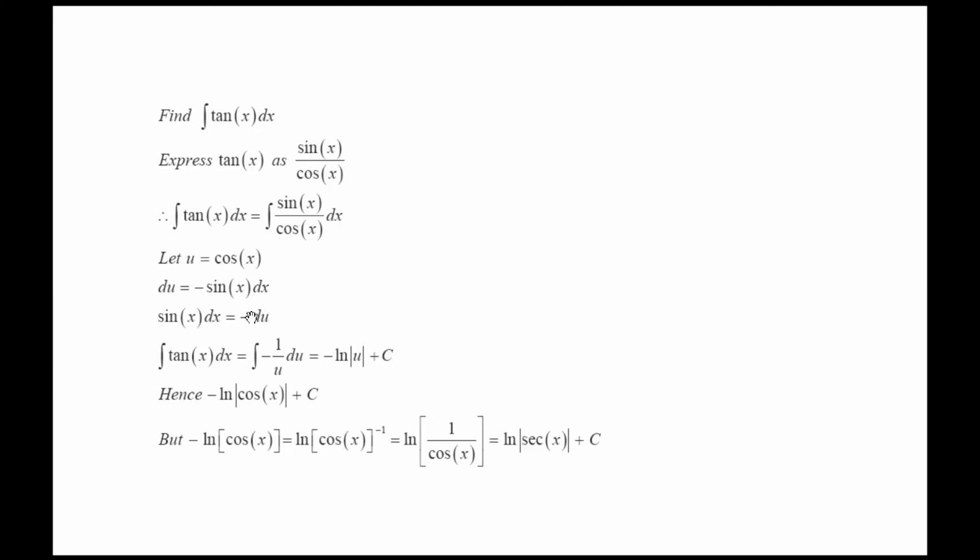Sine of x dx is minus du. So in place of the cosine, we'll put u, and in place of sine of x dx, we put minus du, and we integrate, and we get minus ln of the absolute value of u, and then we plug back in, and we get this.